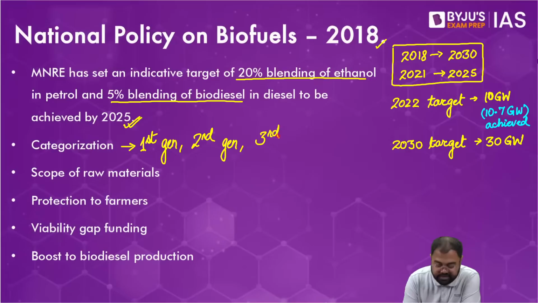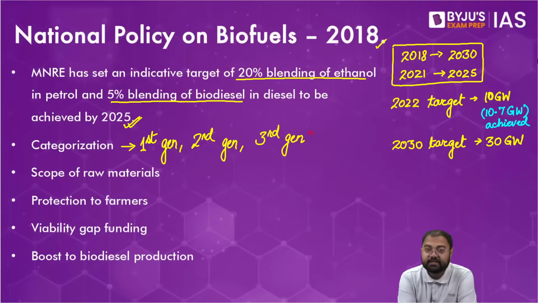So for the first time, we see that this kind of categorization has been done even in India, that all the different types of biofuels and all the different types of resources have been divided into various generations, so that we can customize it, and get to the targets, or even keep our targets accordingly. So from that perspective, this categorization is a very welcome step.